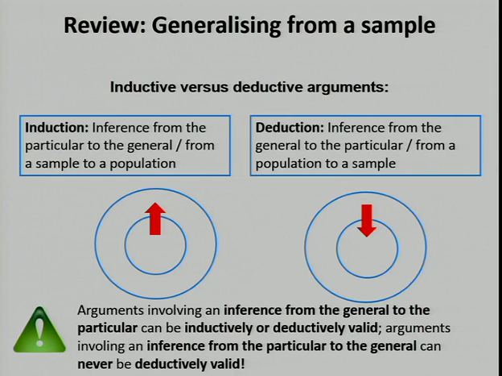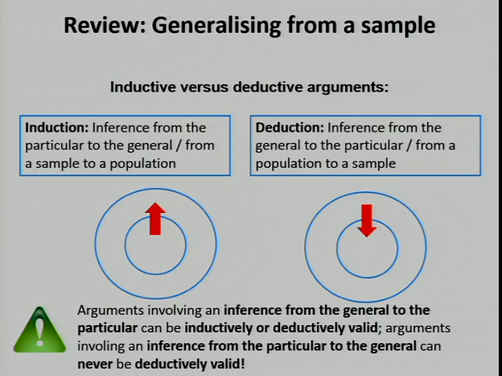Just to remind you of that relationship: inductive arguments, in the sense of moving from a subgroup to a whole group or population, are distinguished from deductive arguments where you're moving from a population to a sample. All elephants like chocolate, so this one also does. And how does that relate to inductive validity?